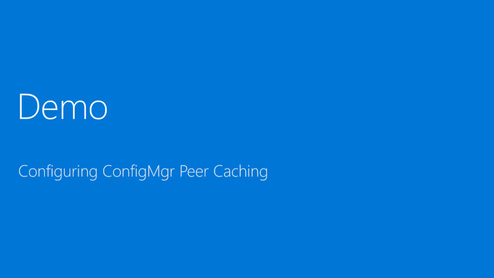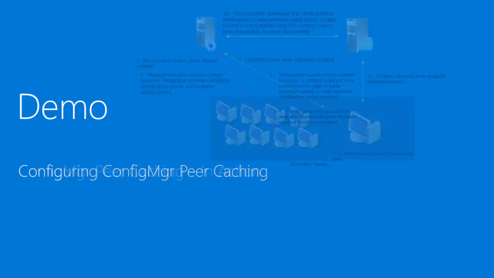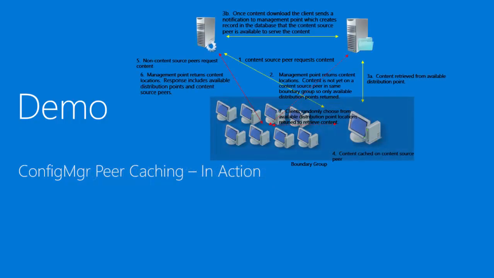Now, to the fun part: let's go into the demo of actually seeing ConfigMgr peer caching in action. To help illustrate how this is going to work, I think in pictures, so let me describe it here. I have my boundary group in this darker blue rectangle.